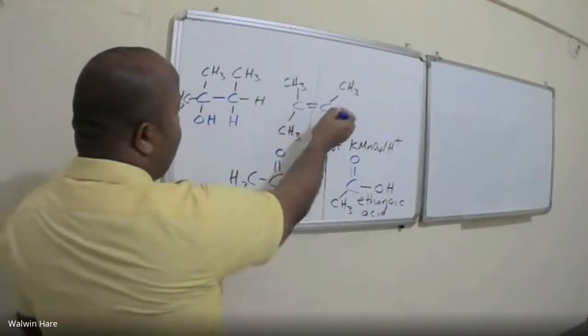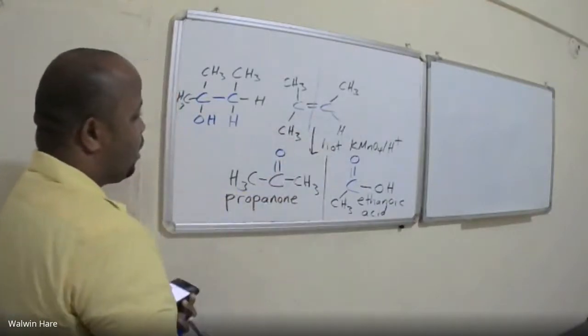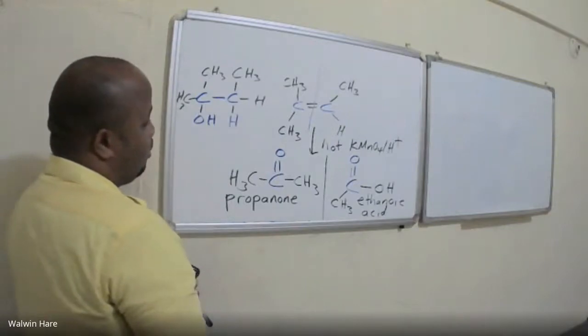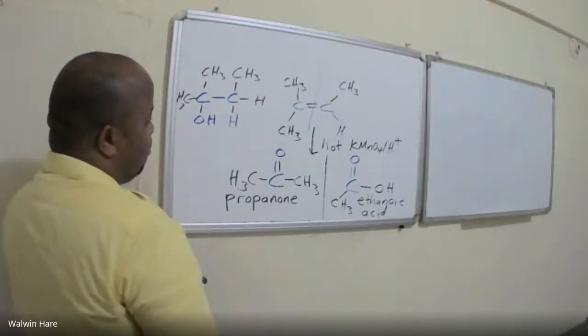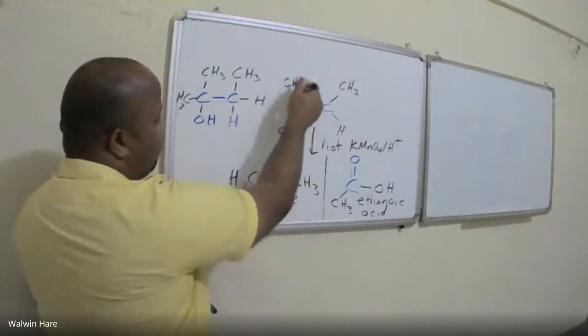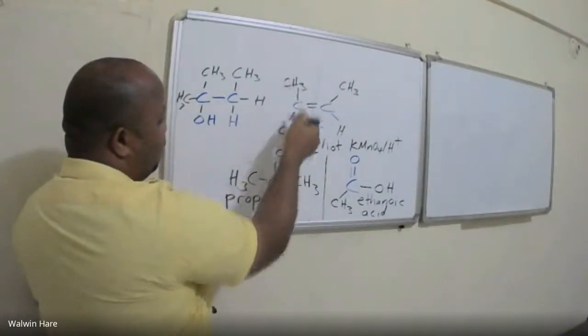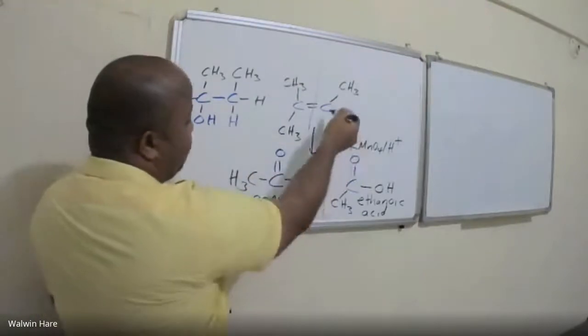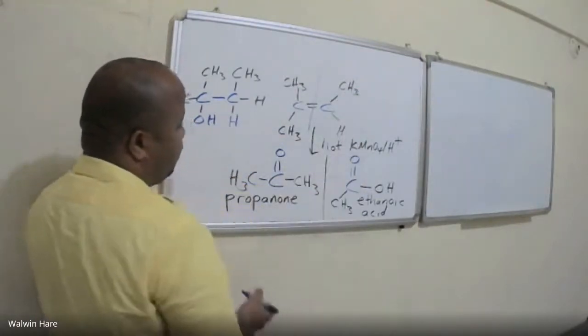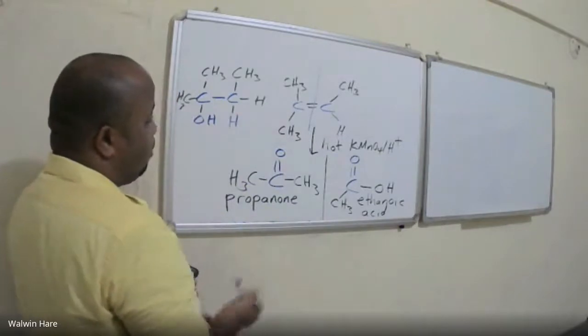Which of these carbocations would be more stable? This carbon has two methyl groups attached to it, and this carbon has one methyl group attached to it. So which one would be more stable?